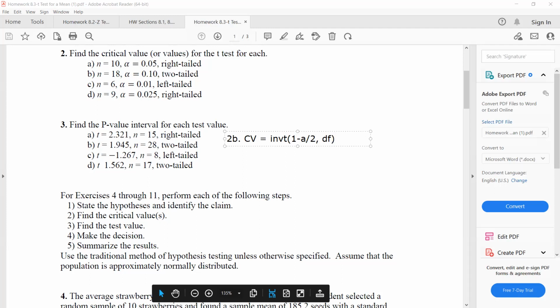And it's plus or minus this answer. So I'm going to put plus or minus because it's a 2-tail test. So we're going to have two values that are symmetric.